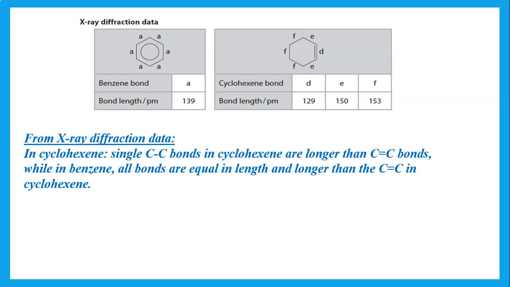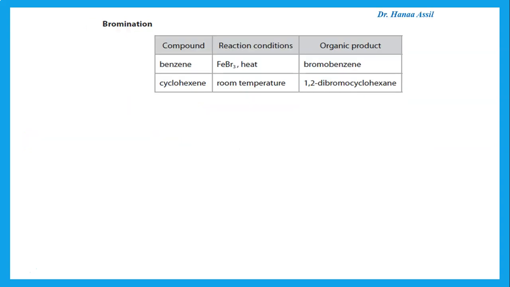And this again is used to indicate that the double bonds in the benzene ring are actually delocalized around the benzene ring. So in the cyclohexene, the single bonds are longer, while in benzene all the bonds are equal and longer than the double bond in the cyclohexene. So this indicates that actually it is delocalized around the benzene ring.